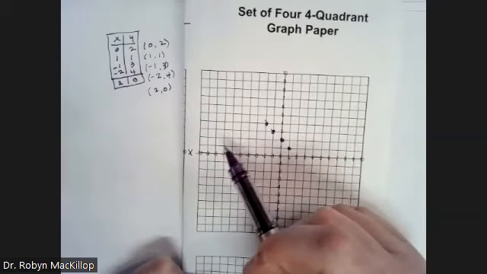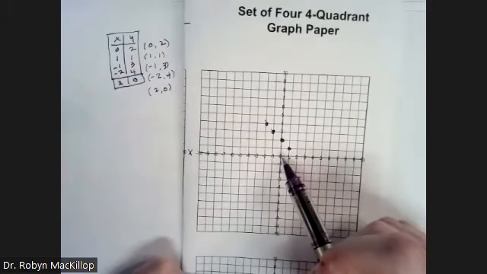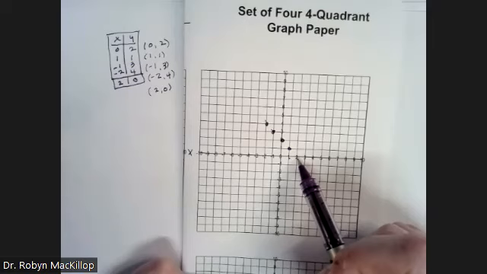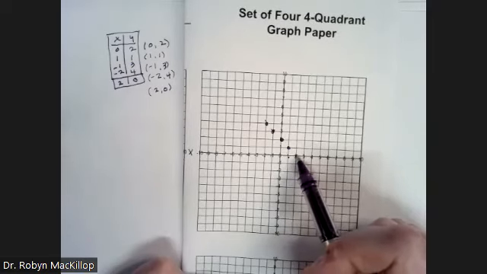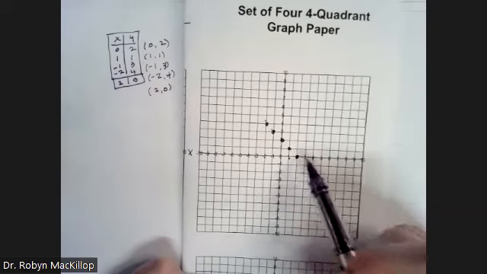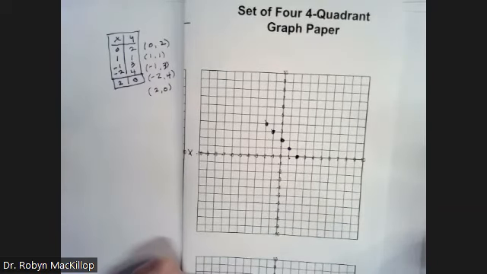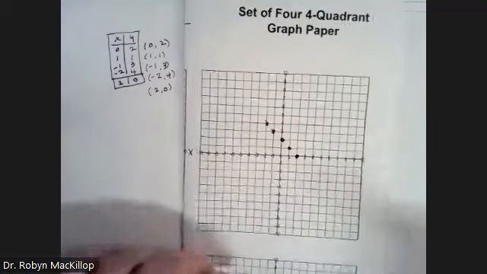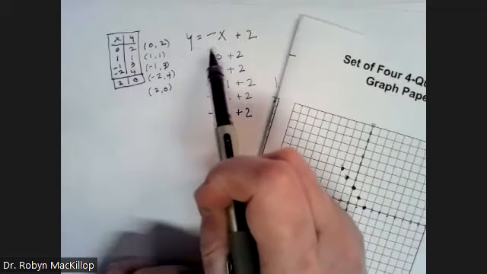Perfect. And 2, 0. So 2 on X, 0. We don't go anywhere on Y. And your line is straight. You have just graphed this equation.